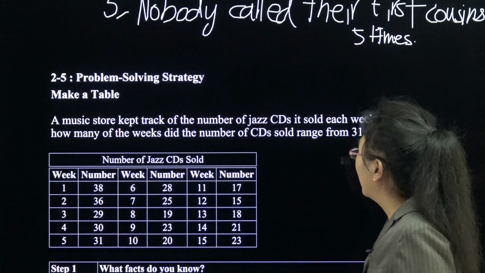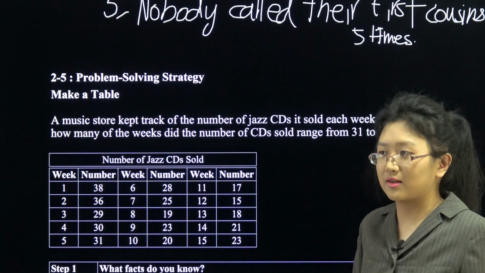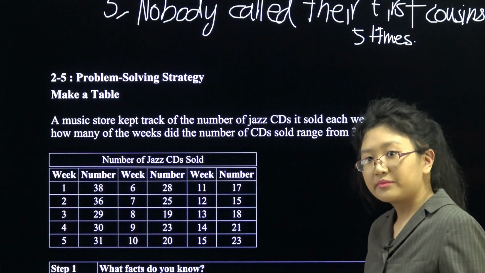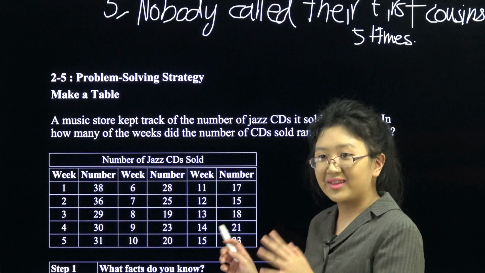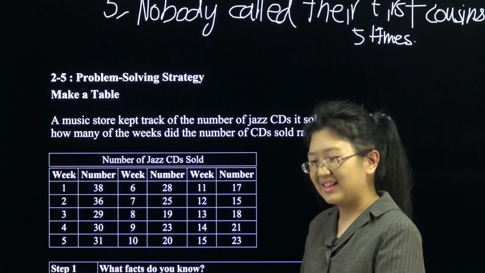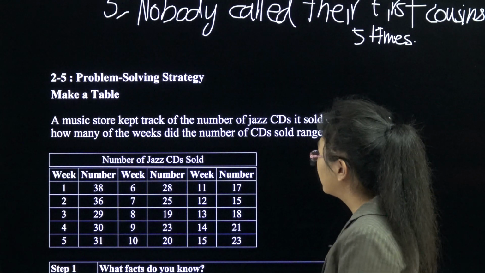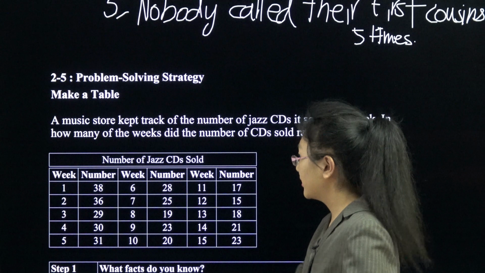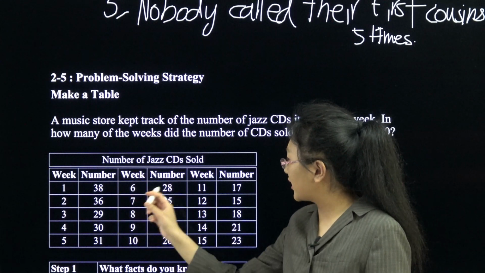It's not asking for, oh, there's movie CDs, jazz CDs, how many movie CDs are sold. No. But if you don't know what the thing is, well, just make it variable X. Or substitute it with something else. Number of jazz CDs sold. Week, number, week, number, week, number.